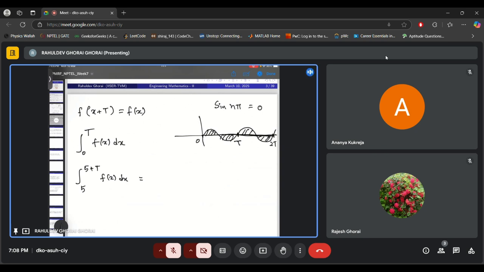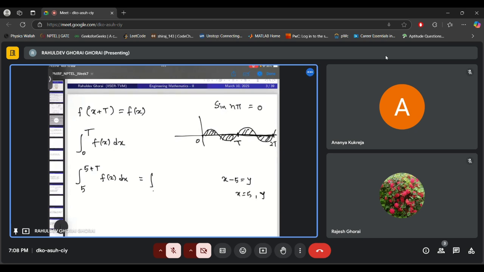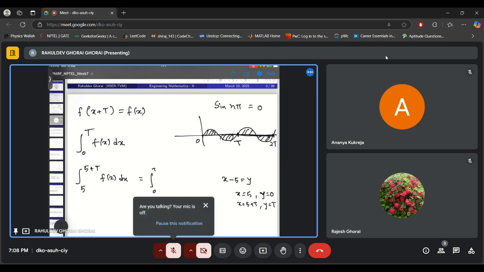If you assume x + 5 equal to, sorry, not x + 5, let's say x minus 5 is equal to y, you change this variable, then the limits: when x is equal to 5, y is equal to 0, and when x equals 5 + T, then x minus 5 will be T, so it should be from 0 to T. Then if you substitute the value here, it will be y + 5, and dx will change to dy.